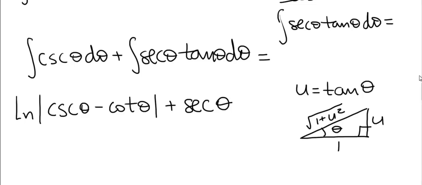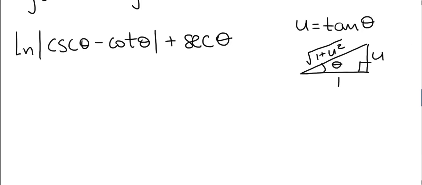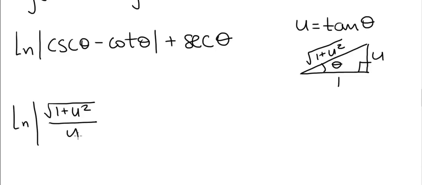So expressing the solution, we have the natural log of cosecant. Sine is opposite over the hypotenuse, so cosecant is hypotenuse over the opposite. That would be the square root of 1 plus u squared divided by u, minus cotangent.